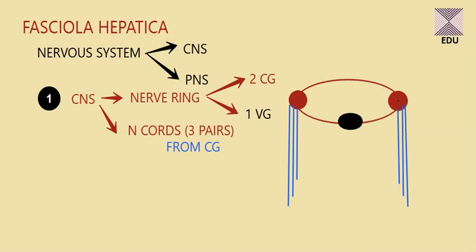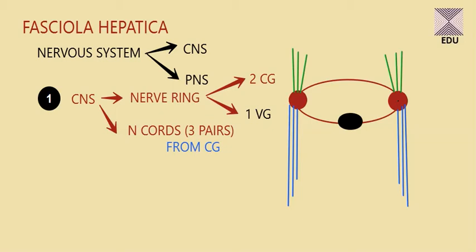And some nerves are also going upwards from these cerebral ganglia, and these are referred to as the anterior nerves. I have drawn them here. These are green in color, so you can very well see. These are the nerves coming out of the cerebral ganglia.